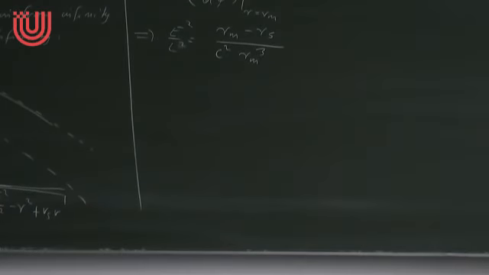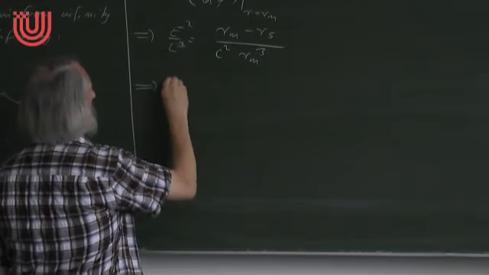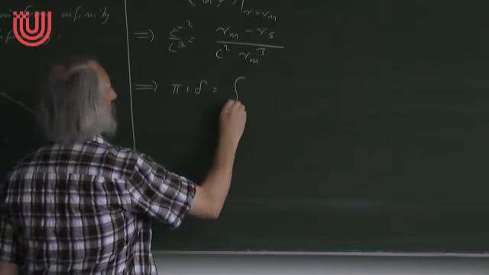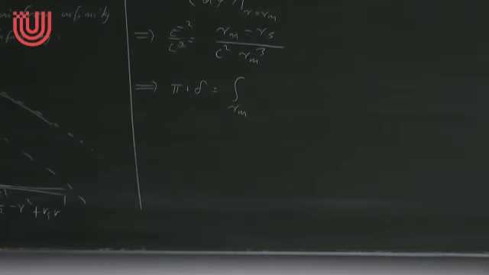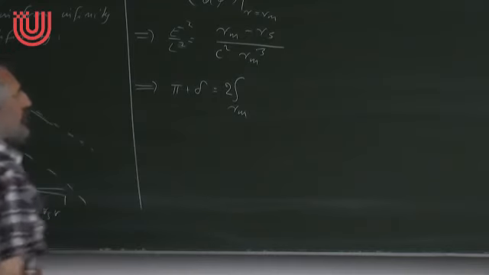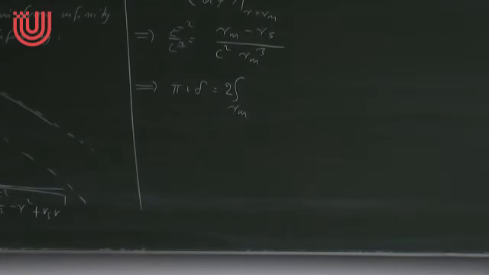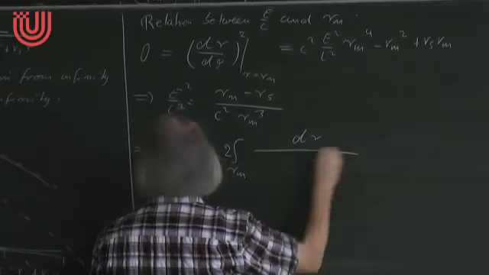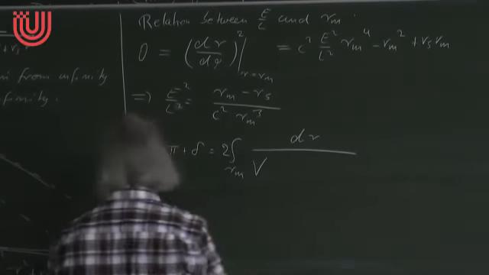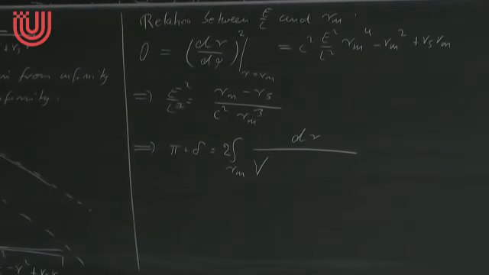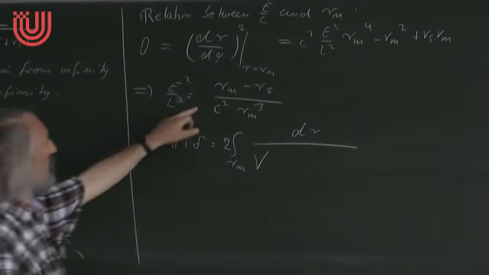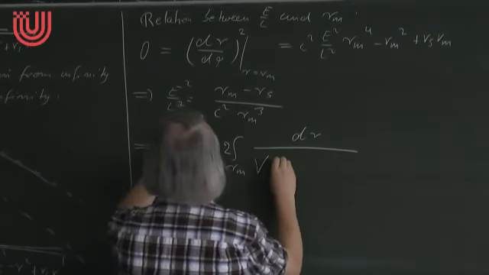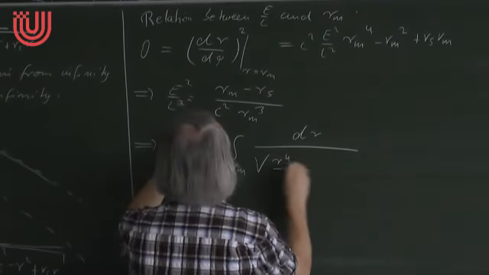So I can insert this in my formula for the bending angle. And I get now the bending angle in terms of Rm only. So if I know the Rm, then I can use this formula. And it is what? It is this here, square root of c squared times r to the 4 times this here. C squared is cancelled, so I get r to the 4.